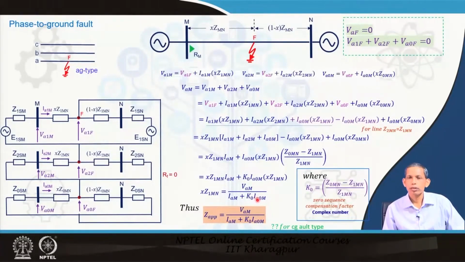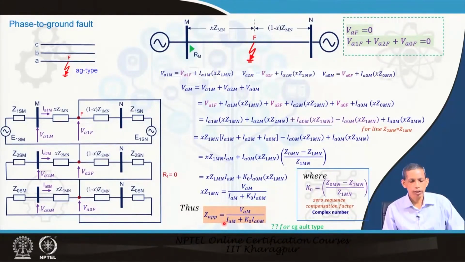These are the zero sequence components during the fault as seen by the relay RM. Therefore, the positive sequence impedance up to the fault point which the relay calculates for the decision is Z apparent equals VM divided by IM plus K0 I0M, for which category of fault? For phase A to ground fault.